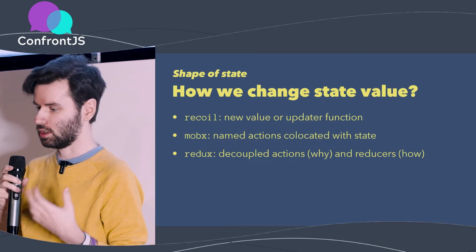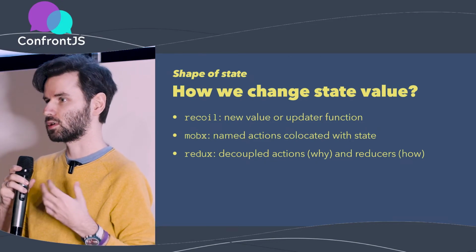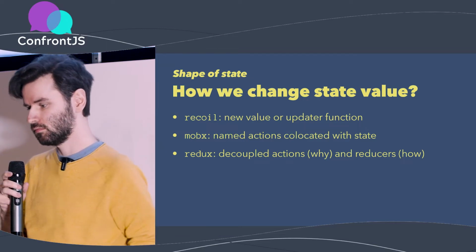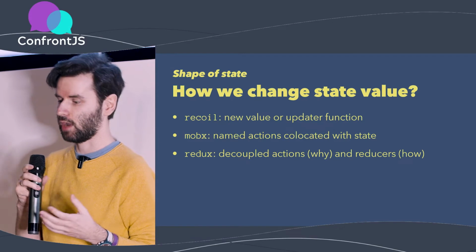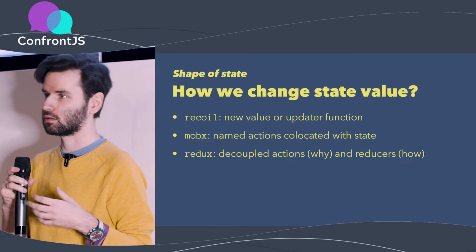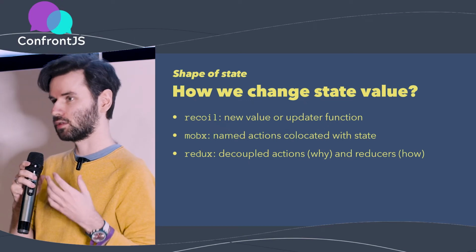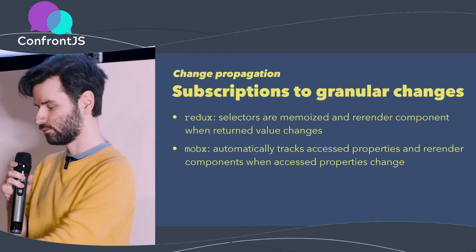You can clearly see the API. There's also a place for enforcing some constraints around your state. And in Redux, we have this decoupling of actions that represent why we want something to change, and reducers hide this implementation detail.